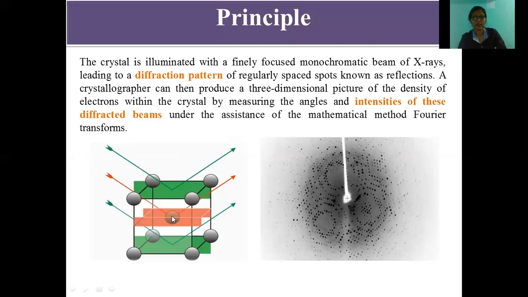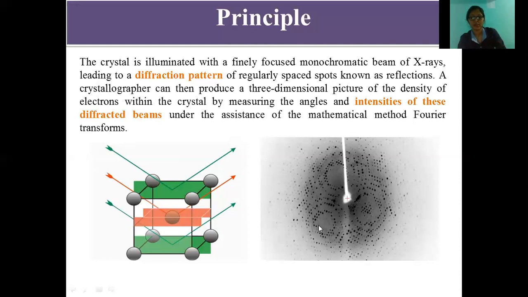Another important thing is the intensities of the diffracted beam of light. Whatever rays come from the atoms will bombard the detector, which is placed next to the crystal, to identify the densities of atoms present in that particular crystal.